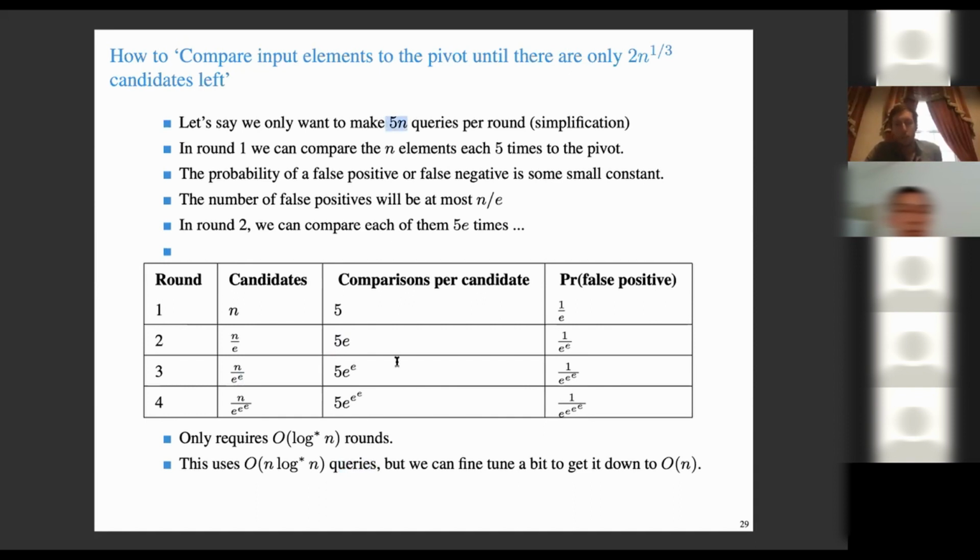But if you change this slightly and you decrease the number of queries over time just by a tiny bit, you still get some tower function here, but at the same time, you're also able to reduce the number of queries to O of n. So in other words, you get log star n rounds, which is optimal, as we also show in the paper, and you get O of n queries.